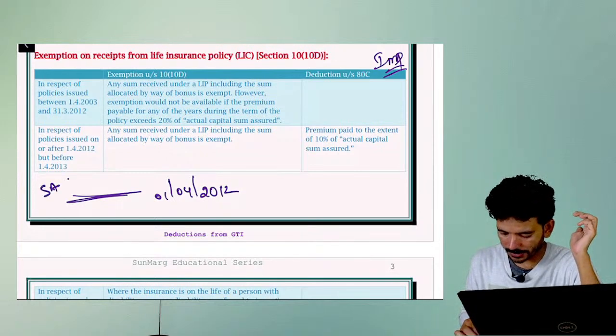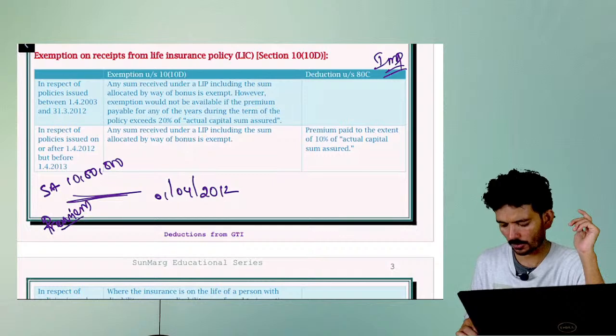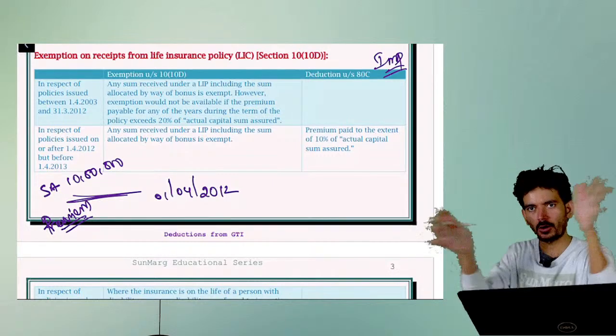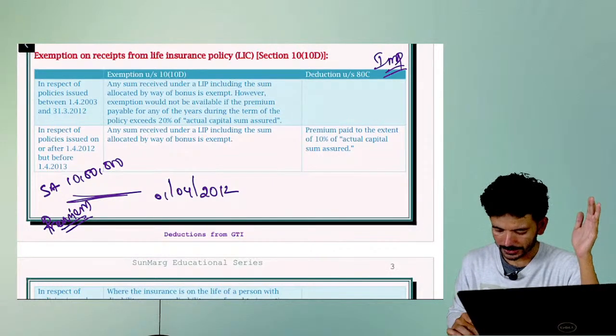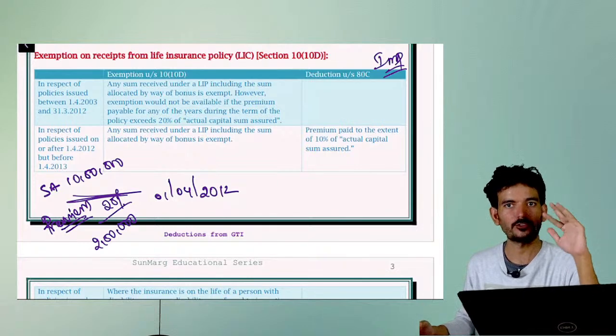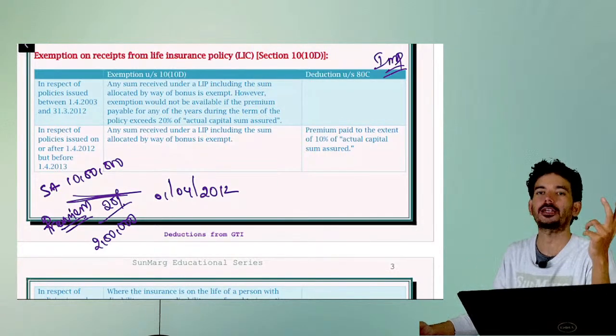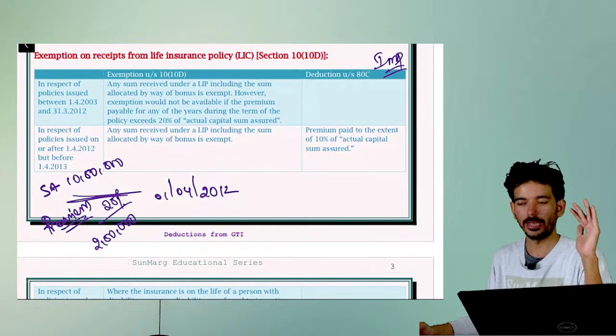Say the sum assured I'm taking is 10 lakh rupees, that is the policy I want to take. The premium that I pay to them on a yearly basis, sometimes it can be quarterly, but on a yearly basis together, should not exceed 20% of it. So I should not be paying a premium of more than 2 lakh rupees. If I'm paying that, the excess is not eligible, only that 20% is eligible.